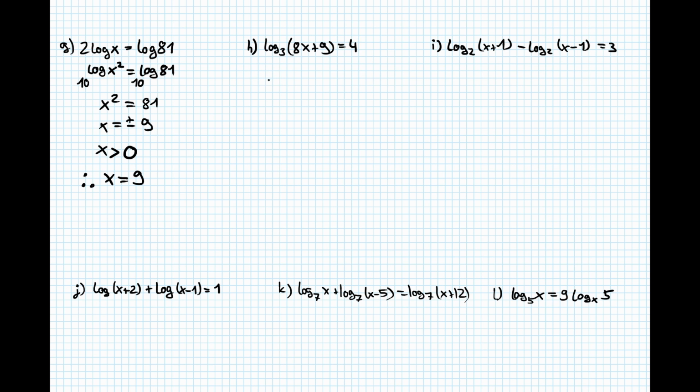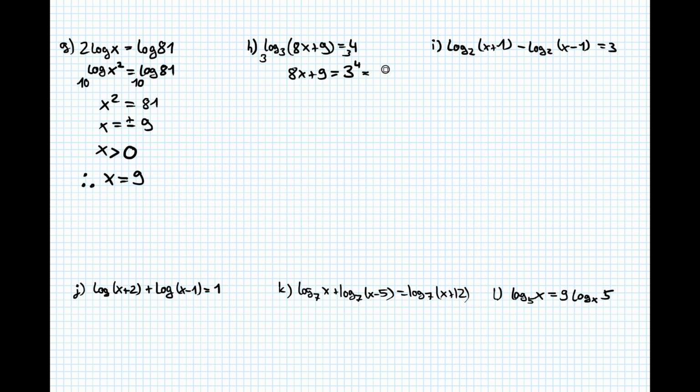Alright, next one. Log base 3 of 8x plus 9 is equal to 4. So that means that 3 to the power of 4, if we apply the same rule here, is equal to 8x plus 9. Now 3 to the power of 4 is the same as 9 to the power of 2.